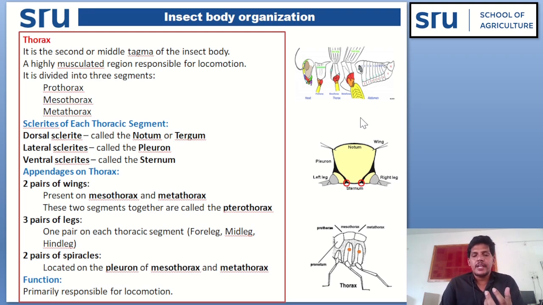Three pairs of legs, one pair on each thoracic segment, that is foreleg, mid leg, and hind leg. Two pairs of spiracles are also there, located on the pleura of mesothorax and metathorax, and the thorax is primarily responsible for locomotion due to the presence of wings and legs in it.